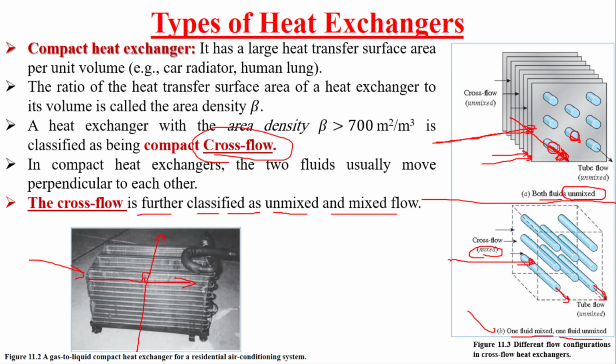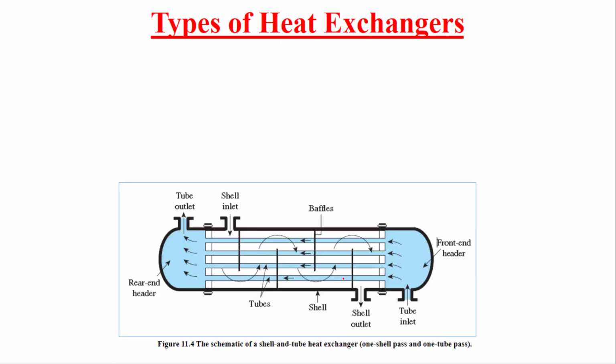It will flow randomly, and the layer coming from here will mix with the layer coming from the other direction. So we have random motion. So either both are unmixed, or one is mixed and the other is unmixed.